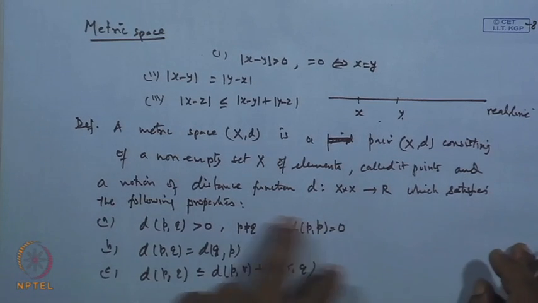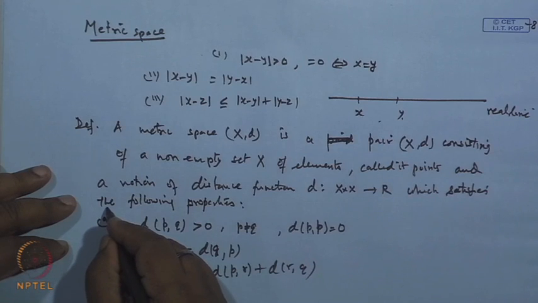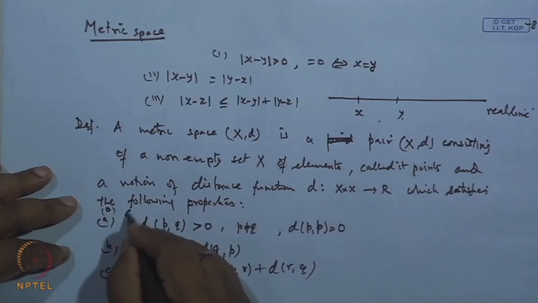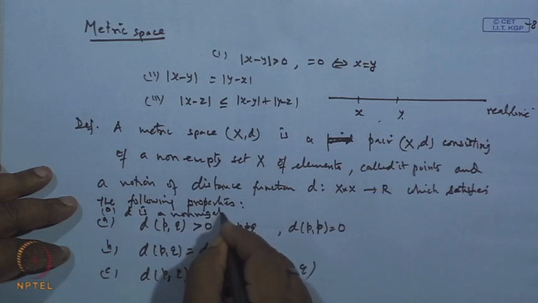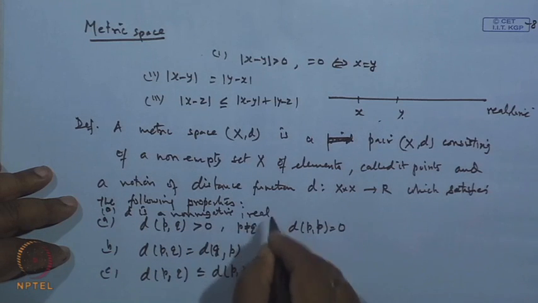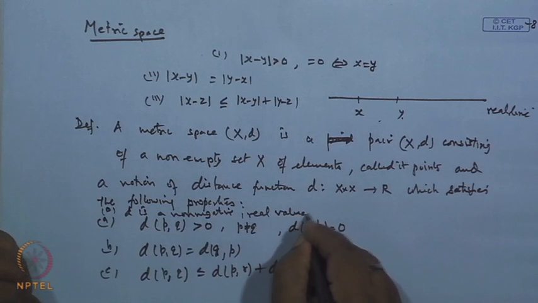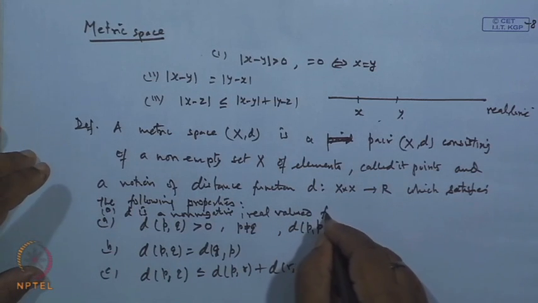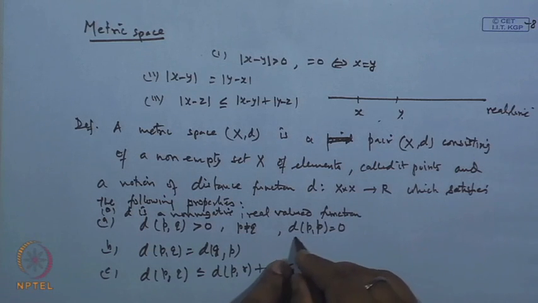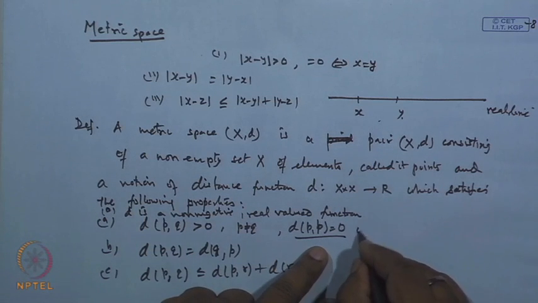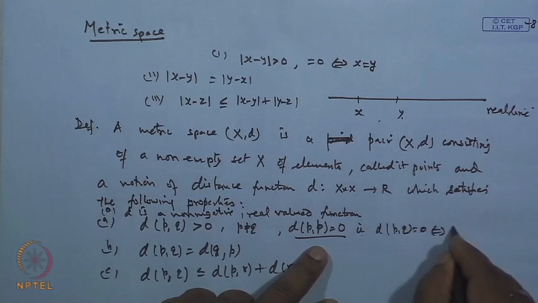So, the first property says d is a non-negative real valued function, and we can also write it as d of p q is 0 if and only if p equals q.